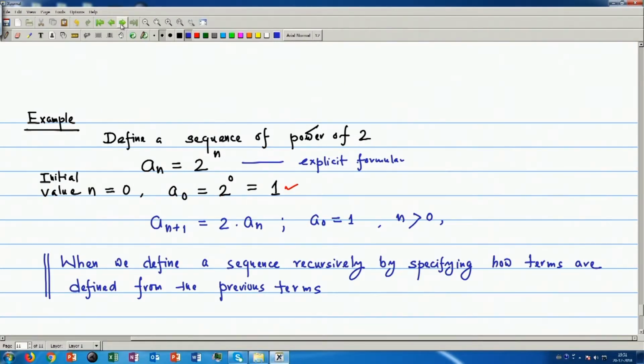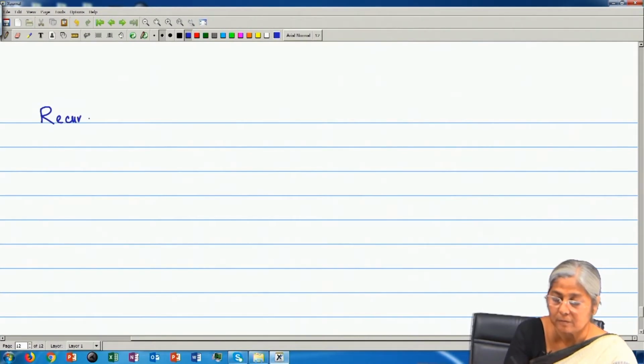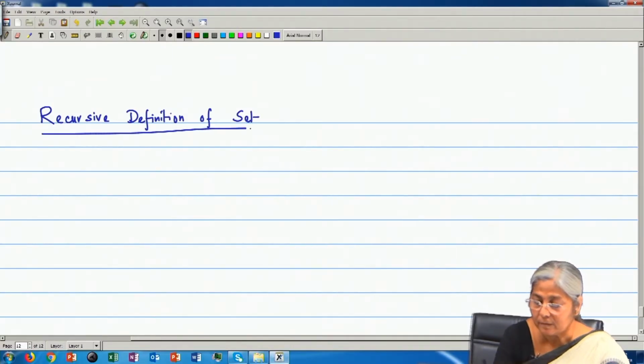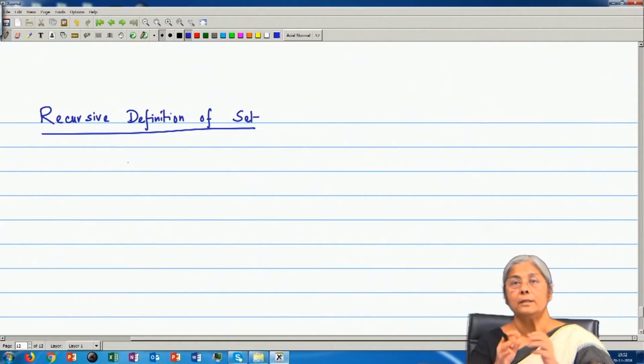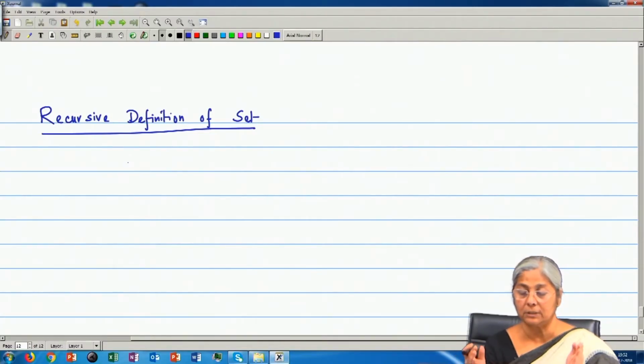Now, that was for sequences. If we define sets recursively, we need some initial element of the set, and then we give a relation for how other elements can be added or how they are related, and in that way we generate the full set.